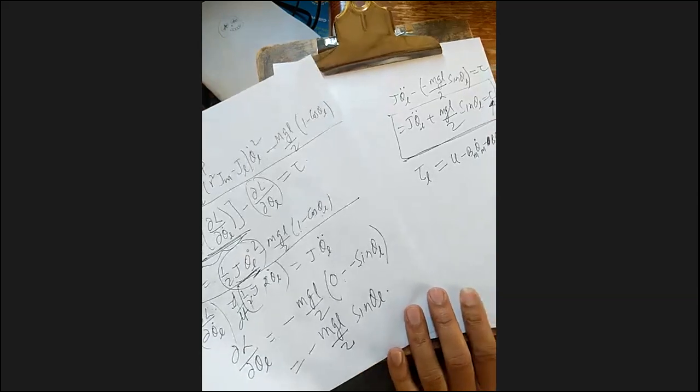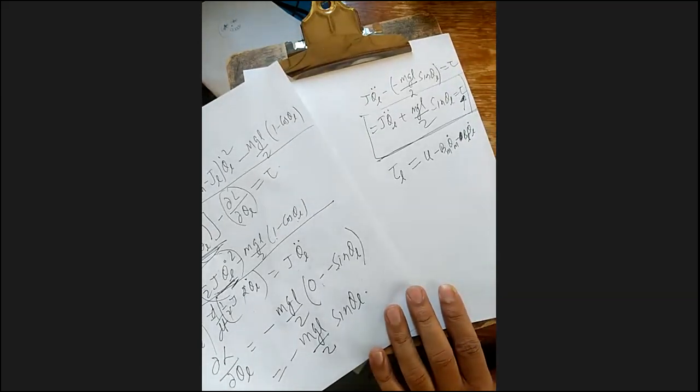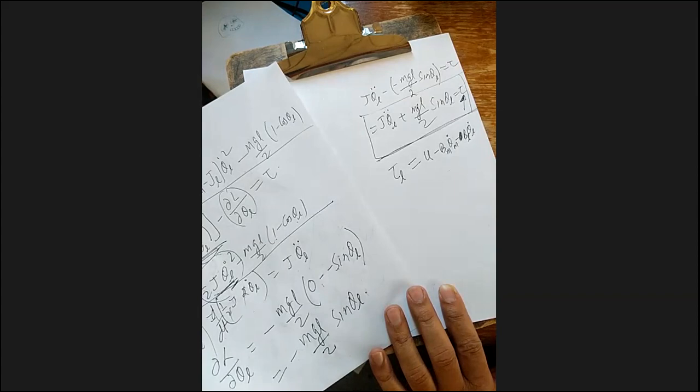So this is my tau L, which can be found as U minus BM theta M dot minus BL theta L dot. What is U? U is the input motor torque. Okay, you have the torque from the motor, right? So that's the U. And this BM and BL, they are the damping component. So that's why I put minus and minus here.